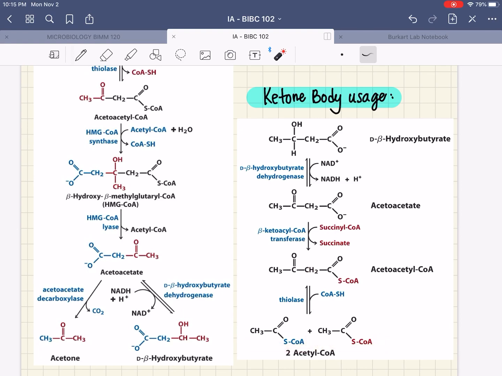Now, this tissue that had received the ketone bodies has 2 acetyl-CoAs per ketone body. And now they can shunt this away into the Krebs cycle and be oxidized even further, produce NADH, FADH2s, ATPs, and further on.